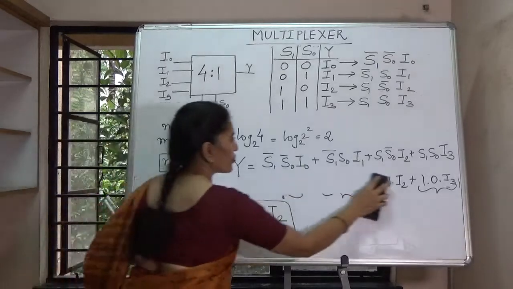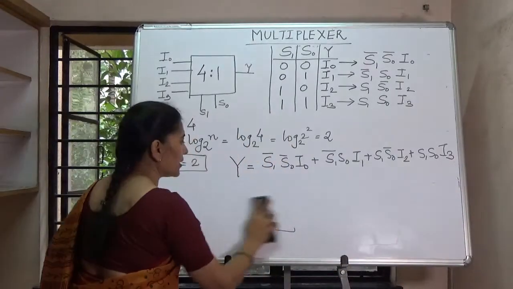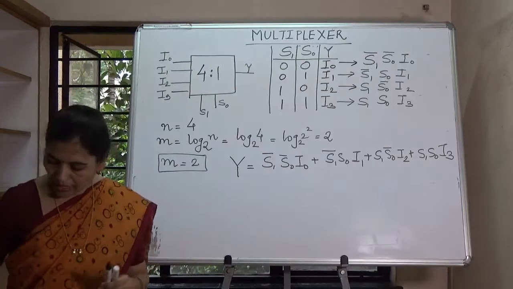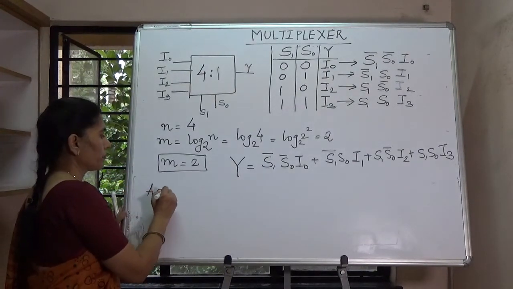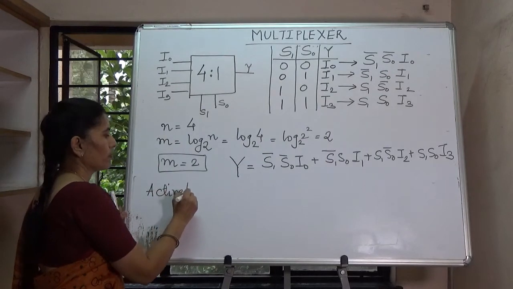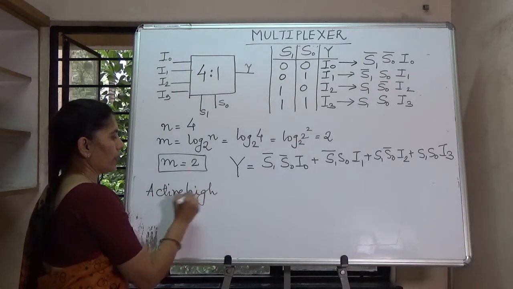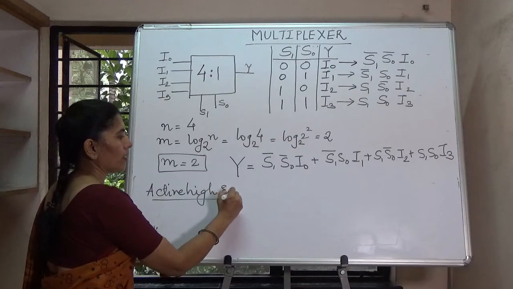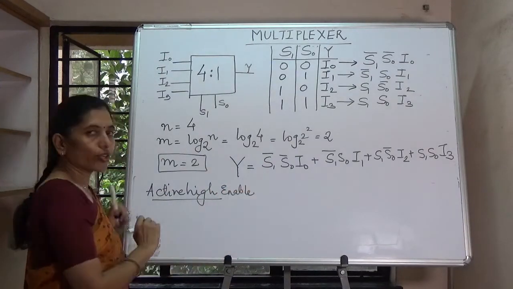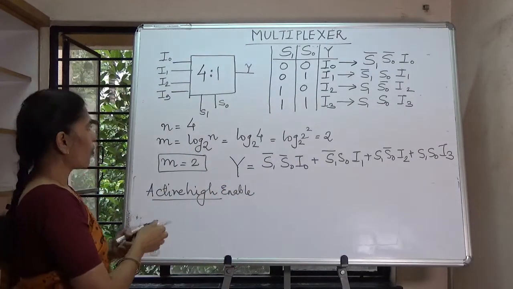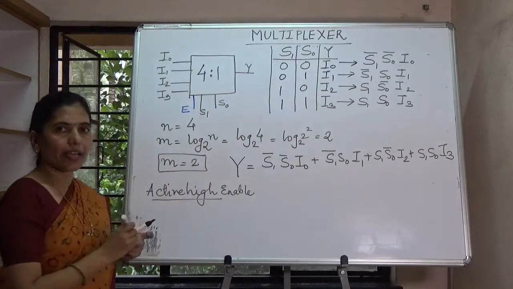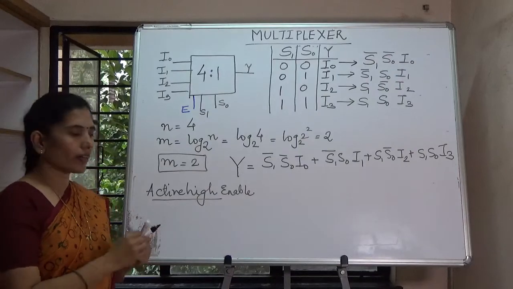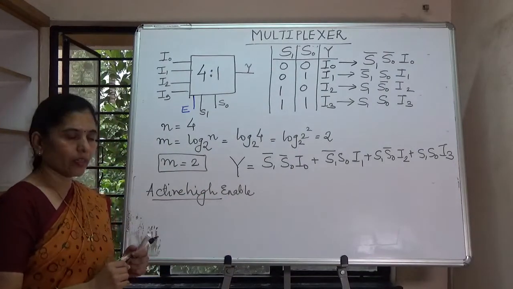Now let us move to introducing the enable line in the 4:1 multiplexer. Let us introduce an active high enable line. So if we introduce an active high enable line over here, which means that if the enable line is 1, then only the function would be enabled.